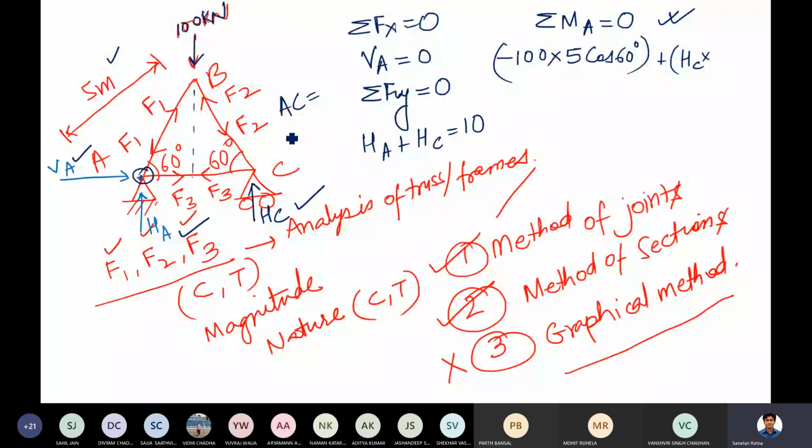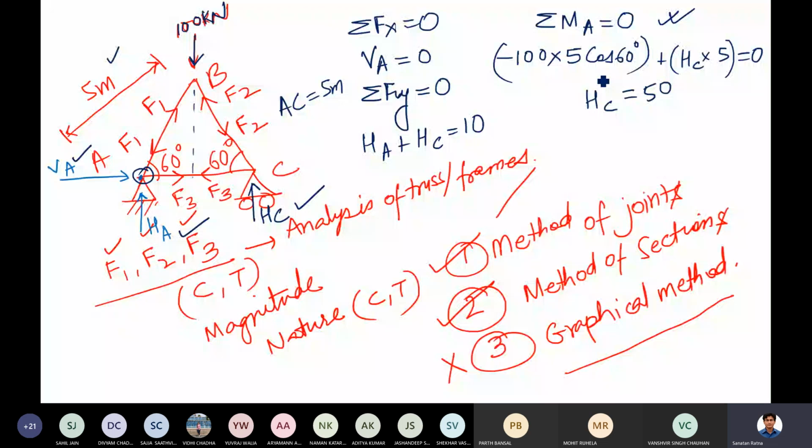So what will be the value of HC? That much you tell me, and let us finish the class. HC, what will be the value of HC? Please tell me. 50. HC will come as 50. 50 into 5, 250. Yeah, HC will come as 50.